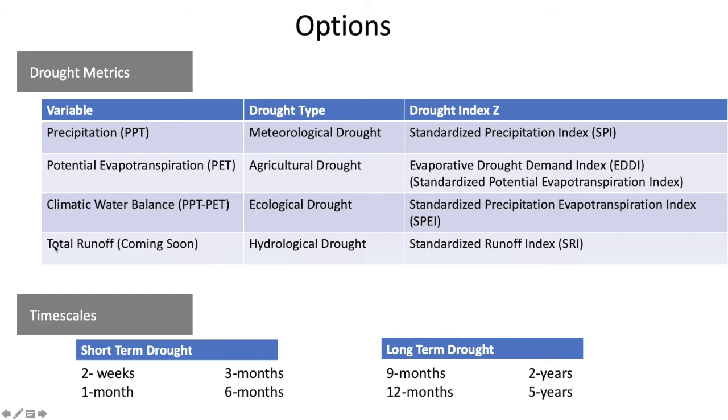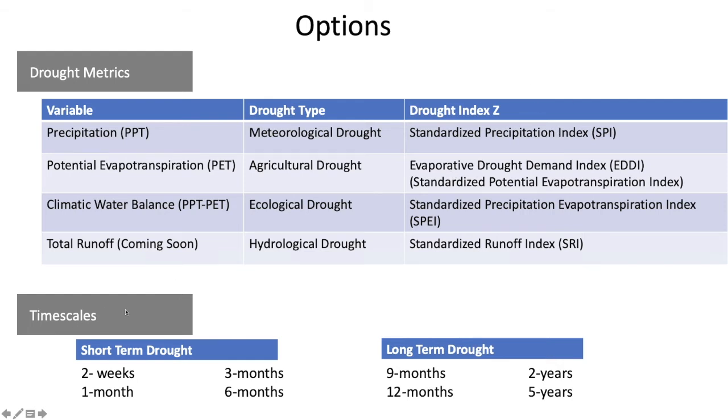Coming soon to the Drought Stripes tool, we'll have total runoff in the tool as well. This will allow the tool to represent potentially 4 different types of drought, from meteorological to hydrological drought, where standardized indices are used for each of the variables in the tool.